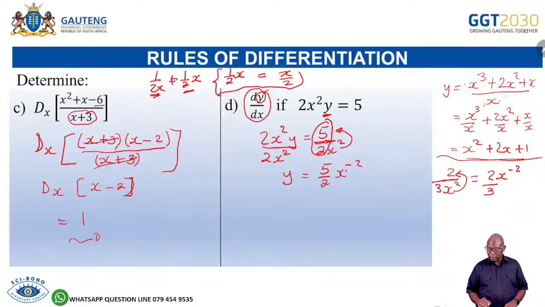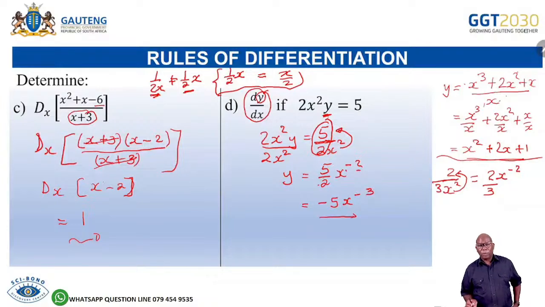So then I can derive, then it will be negative 2 multiplied by 5 over 2, which will give me negative 5, and the x, then that will be a negative 3. So I'll get negative 5x to the power of negative 3. Then in this case here, what am I supposed to do? I'm going to write dy over dx.